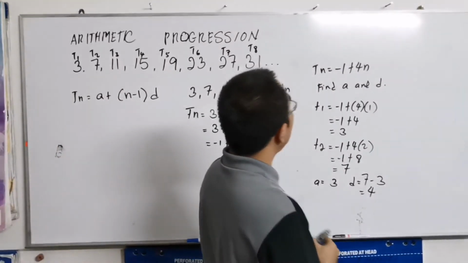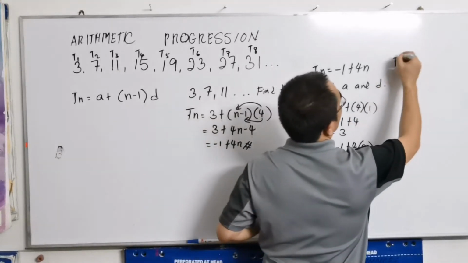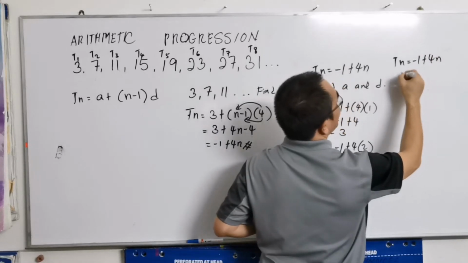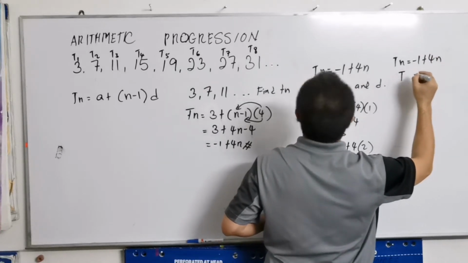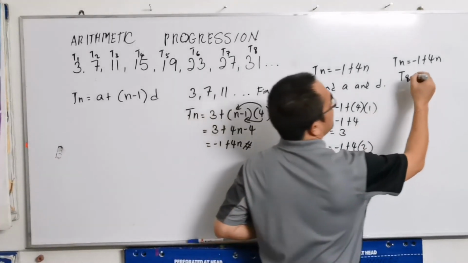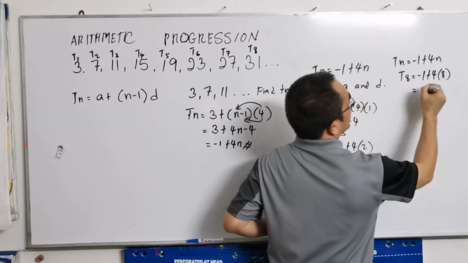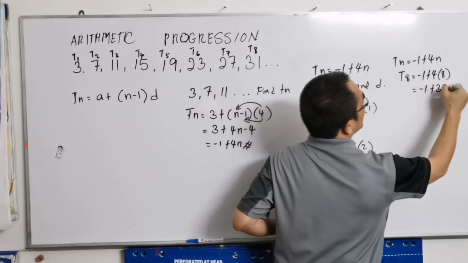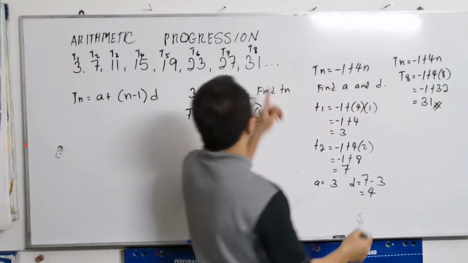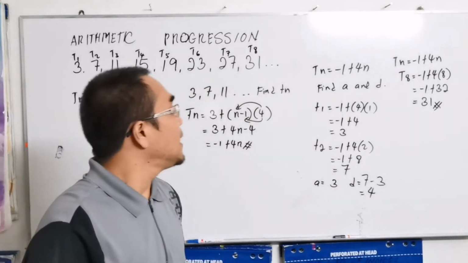How about if the same question, same statement, Tn is negative 1 plus 4n, find T8. Okay, so for T8 just replace: negative 1 plus 4 times 8. So negative 1 plus 32 equals 31. As you can see, T8 will be 31.